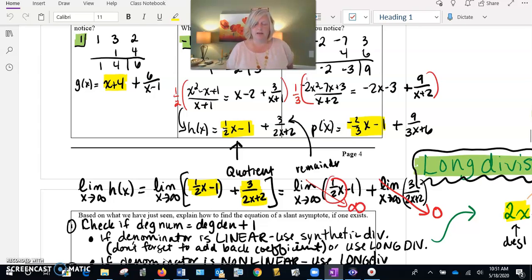And since we're on the right side, that would go to infinity. So this whole thing is going to go to infinity. Kind of that reasoning of what it is, that the fractional part is so small that it tends to 0, and it's only the whole part of the polynomial that matters as x goes to plus or minus infinity. And that's how that works for polynomials. So I just thought that I would highlight that as well here at the end of the video.